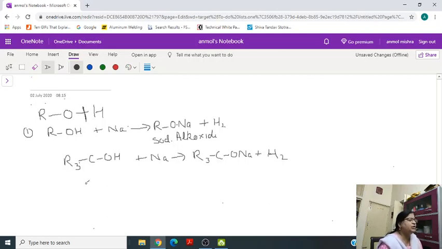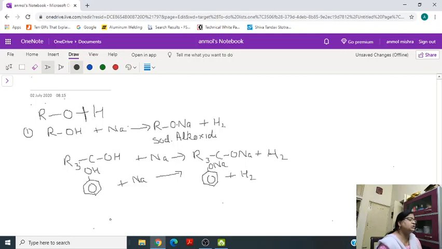When phenol reacts with sodium, here we can also take other metals also like aluminum, magnesium. I am taking the example of sodium. It forms sodium phenoxide and hydrogen gas.